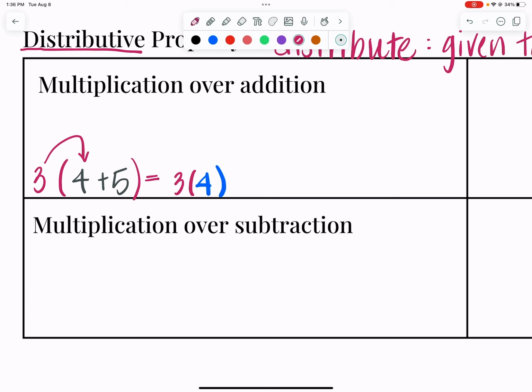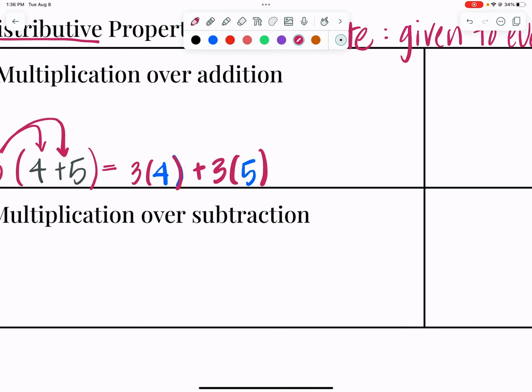Plus, and because I value my life, I'm going to give the 3 to the 5 also. You'll end up with exactly the same result as you did originally, but it happens in a little bit different way.